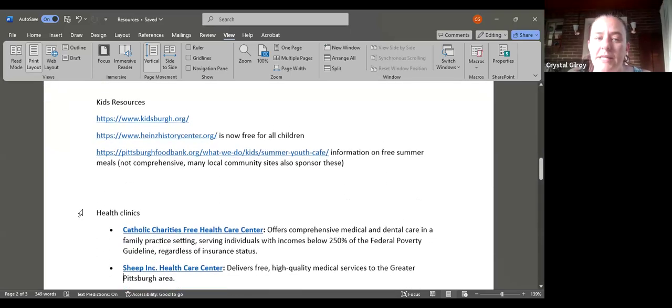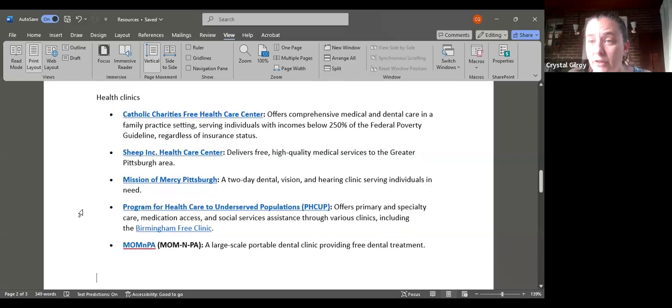I did pull a list of free health clinics. There are also free dental clinics. I have one listed here. Students can look at these themselves, but that is also something Literacy Pittsburgh could help put them in touch with if they are looking for medical care and do not have insurance.